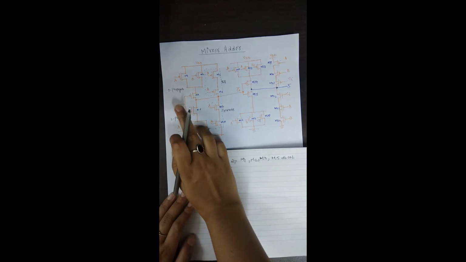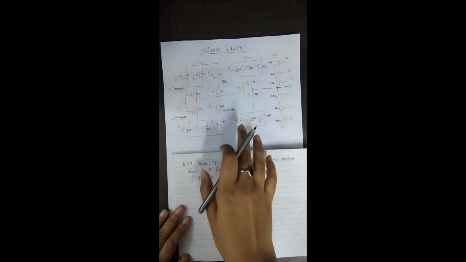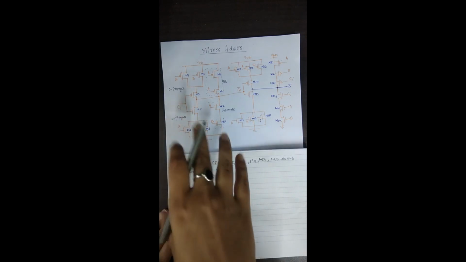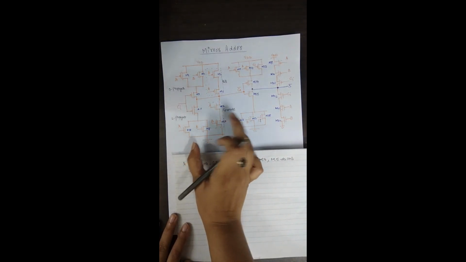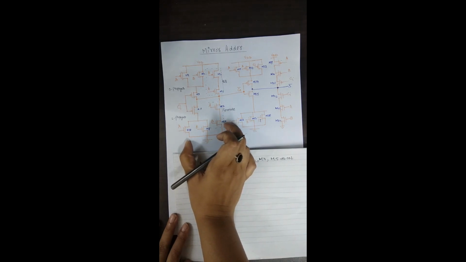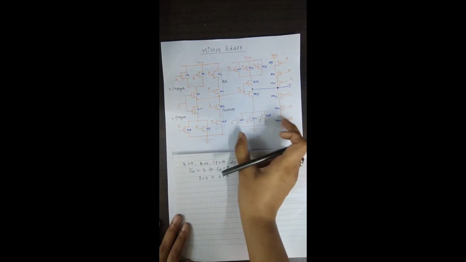which attains its value at a later time. So we have to put it nearest to the output, because it will take less time to propagate to the output stage. And the next point is that we only have to optimize the carry stage transistors for optimal speed, and for the sum stage we only need to minimize the sizes of the transistors.